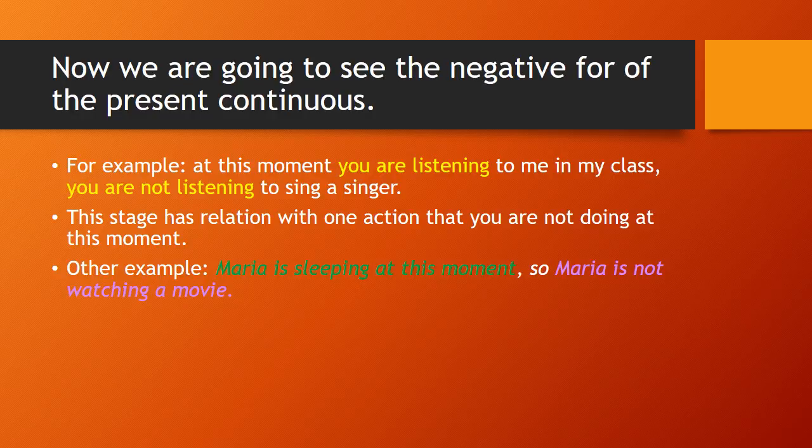This stage has relation with one action that you are not doing at this moment. We repeat. Another example: Maria is sleeping at this moment, so Maria is not watching a movie.